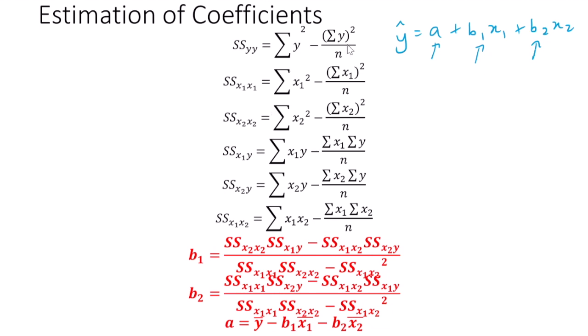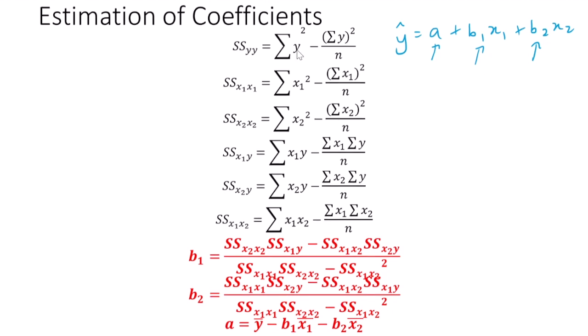Now, calculating the values would be very easy using Microsoft Excel. The sum of y squared, the sum of y, the sum of x1, the sum of x1 squared, the sum of x2, the sum of x2 squared, the sum of x1 multiplied by y, the sum of x2 multiplied by y, and the sum of x1 multiplied by x2.